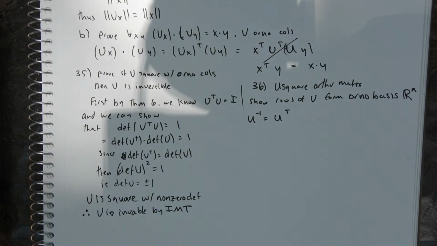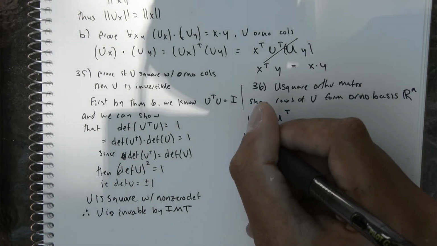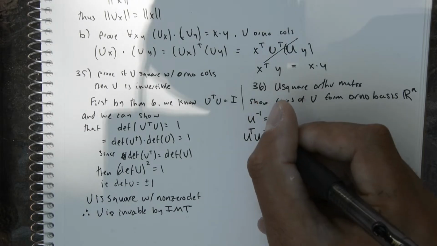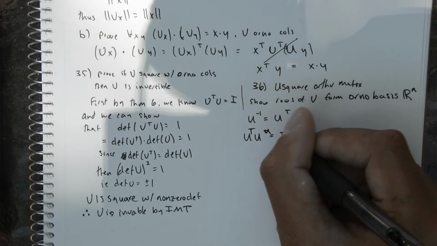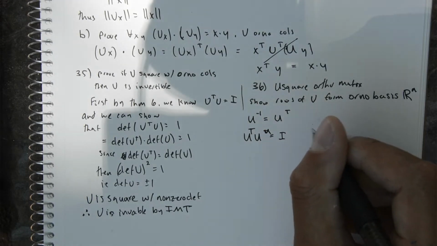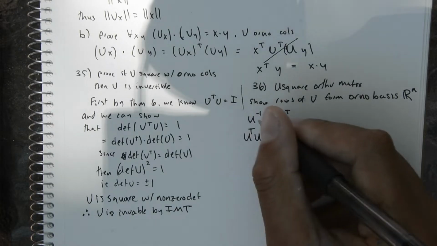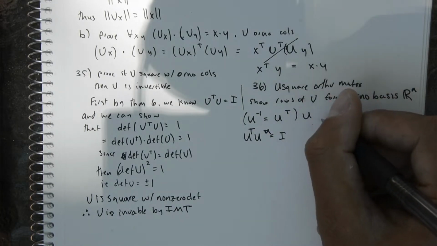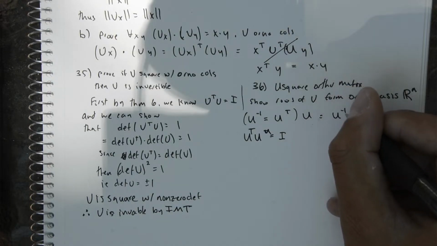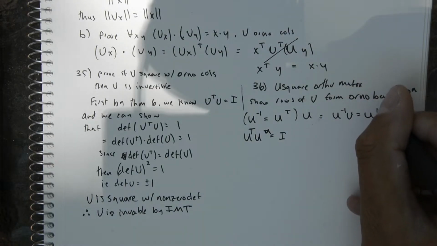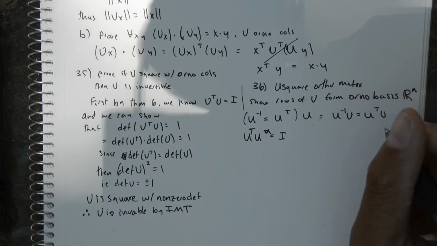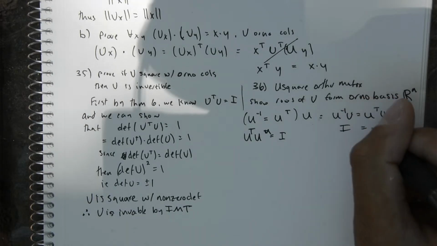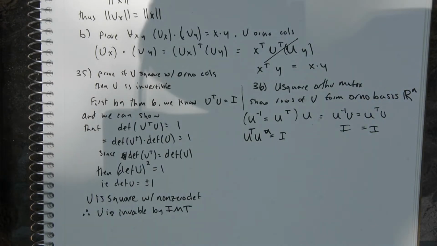We also know that U transpose U is equal to I. It doesn't actually matter, it's the same. So if we multiply both sides by U, then we get U inverse U is equal to U transpose U, but that just gives us that I is equal to I. So that doesn't really tell us anything, right?